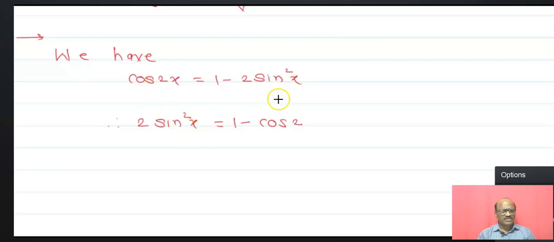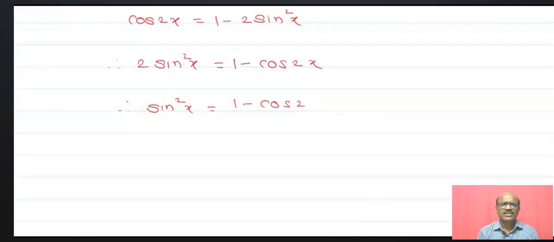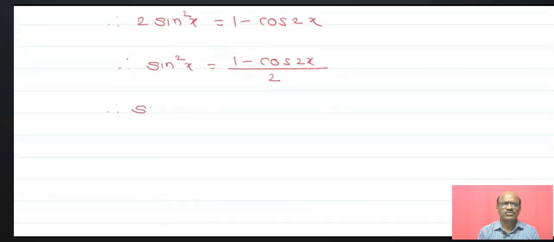Out of this we are considering this formula. Now see this again here. Sine square x is equal to 1 minus cos of 2x upon 2. Now this is very interesting.